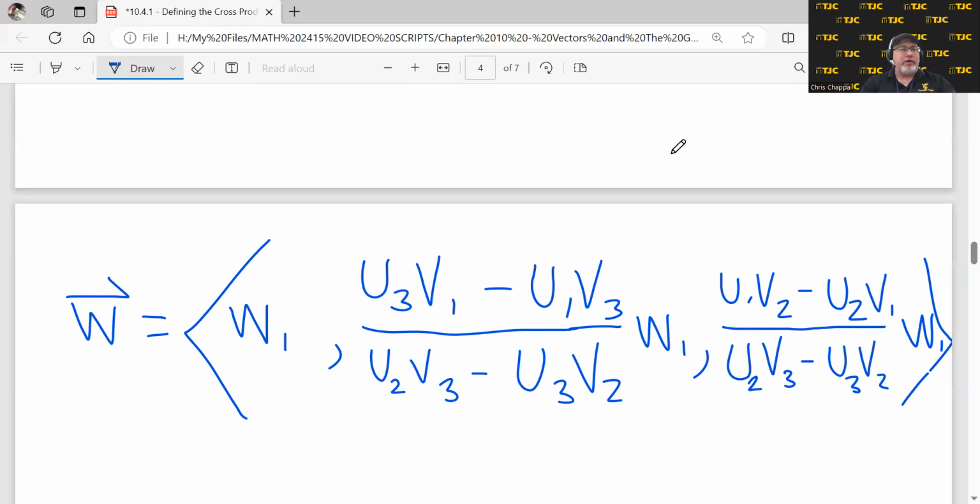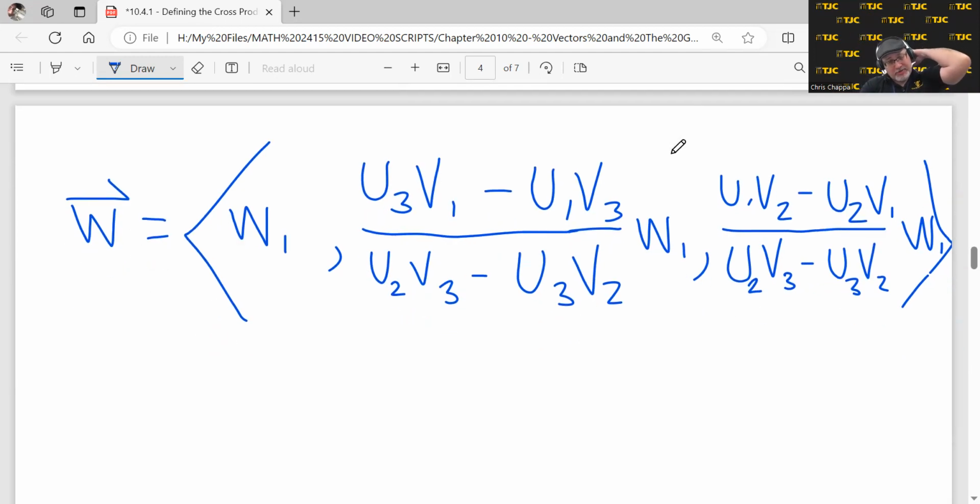So if we have a vector and we make it twice as long, it doesn't change the fact that it was orthogonal to something. So if this was orthogonal to U and V, then so is this. So we can multiply by any non-zero scalar to preserve orthogonality and give us a slightly better expression.